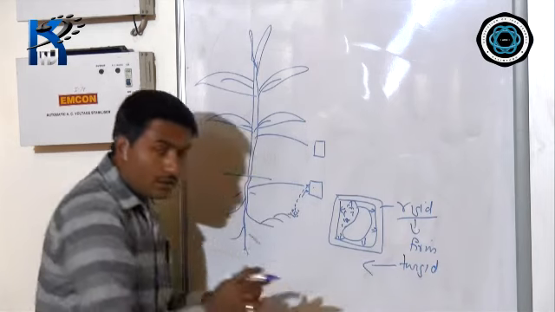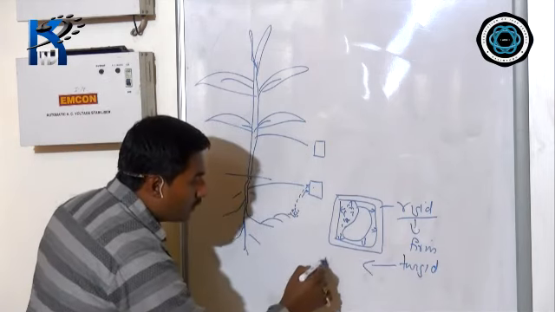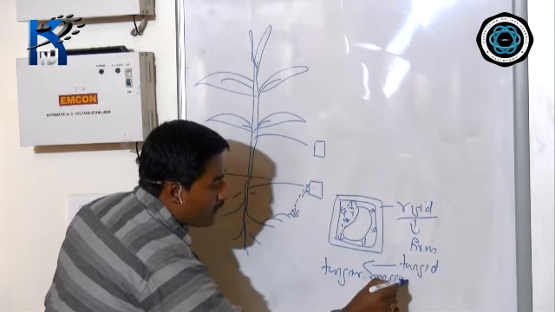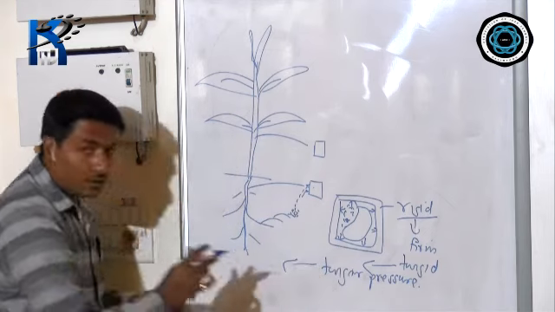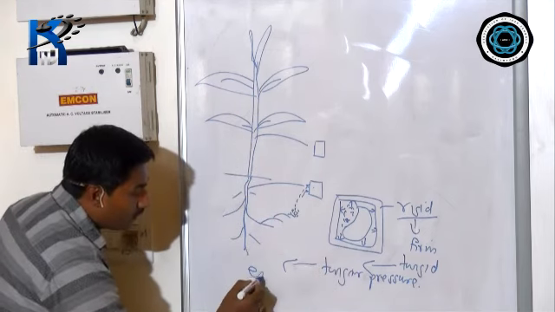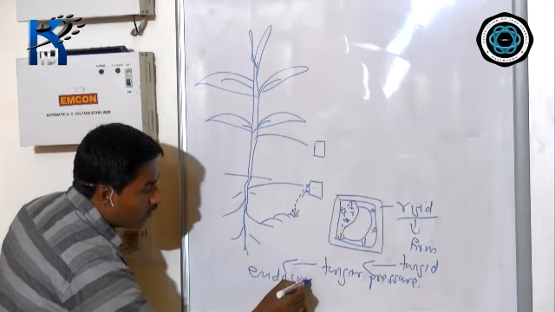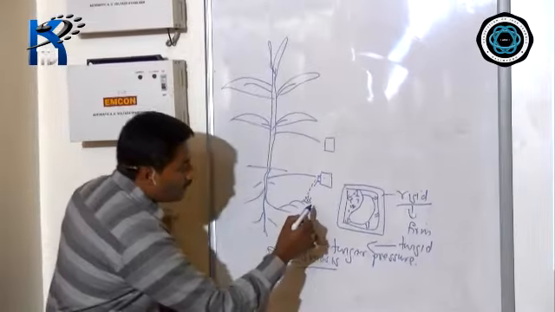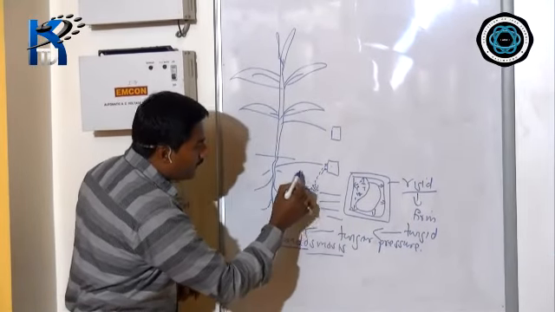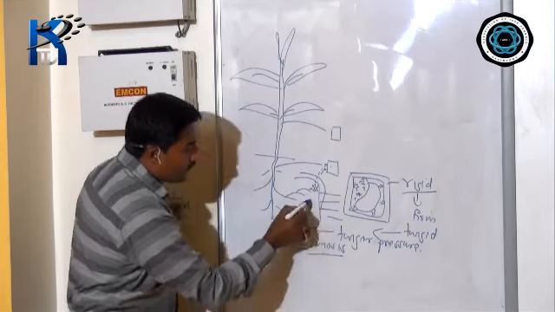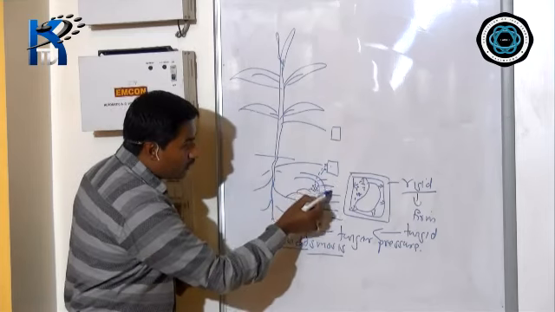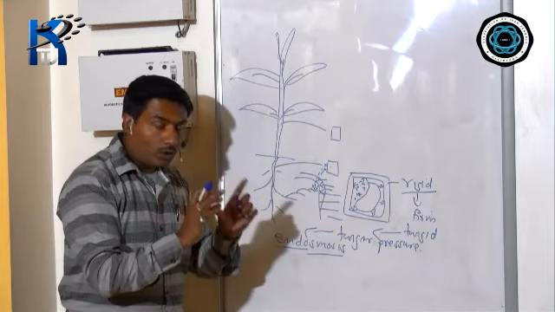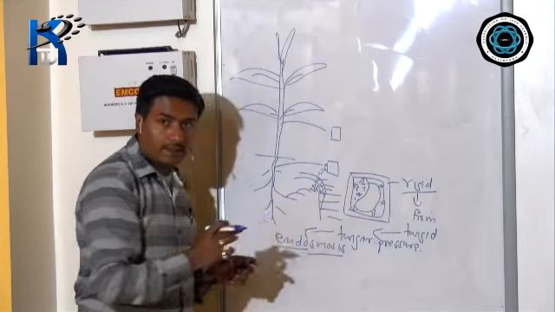So this turgid condition is due to which pressure? Turgor pressure. The turgor pressure was due to endoosmosis. Why endoosmosis? Because the water got infiltrated. So this is the root here. Inside the root, what got infiltrated? The solvent molecule, that is the water, got infiltrated inside.